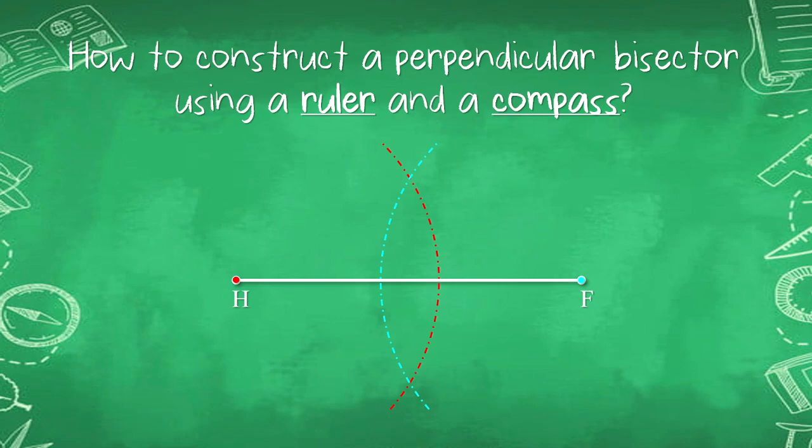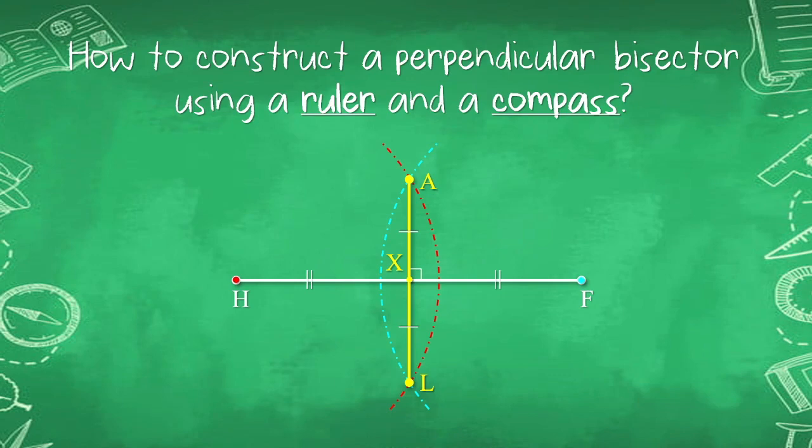Fourth step, you will notice that there is a point of intersection of the two arcs. Draw a line joining them and label it as segment AL, while the midpoint can be named as point X. You should create two pairs of congruent segments and 90 degrees on the corners.